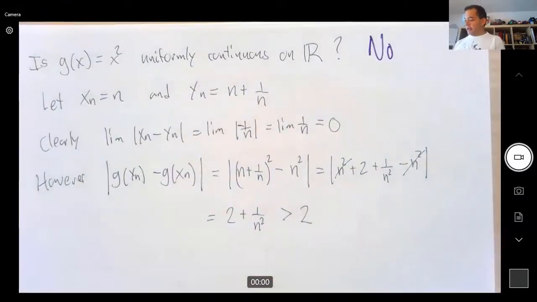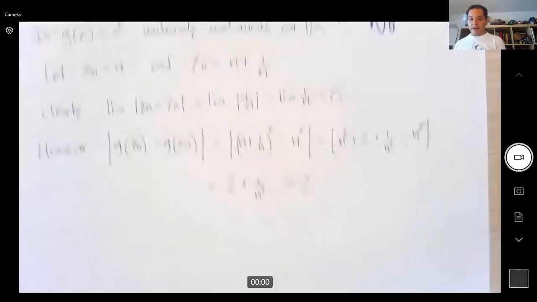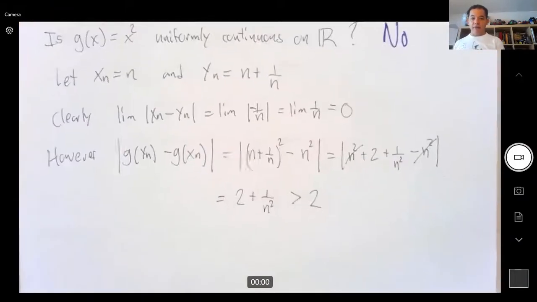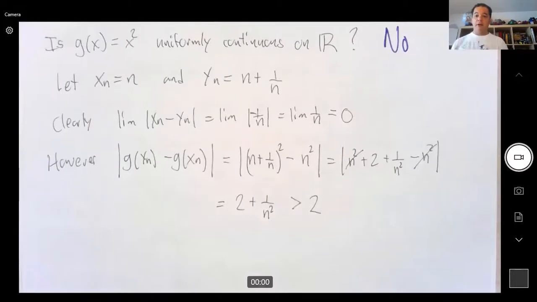All right. Now, here's the interesting thing here, however, right? Remember, uniform continuity matters. Uniform continuity is very, very important. What is the domain, right?